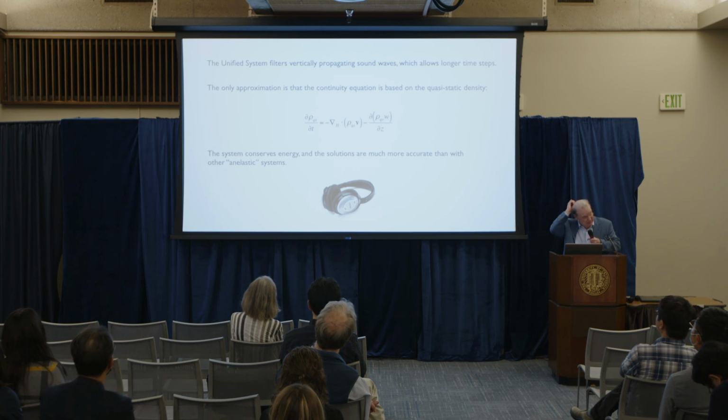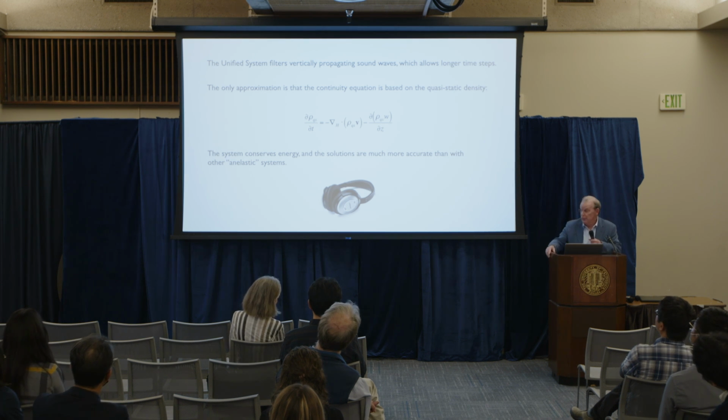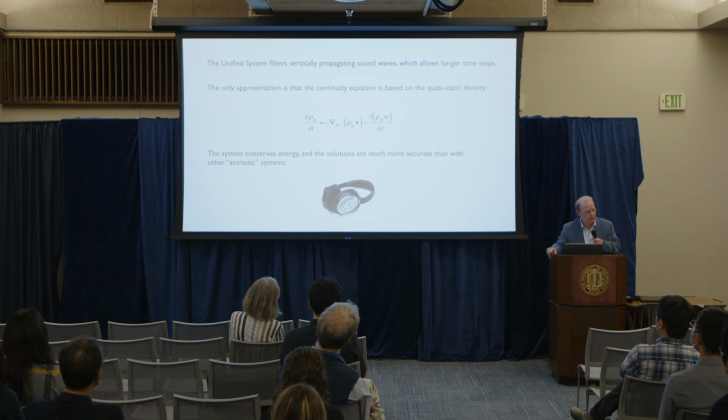The only approximation in this unified system is that in the continuity equation, which is what you see there, the density of the air is replaced by the quasi-static density, and what that means is the density that you would calculate by integrating the hydrostatic equation with a boundary condition.